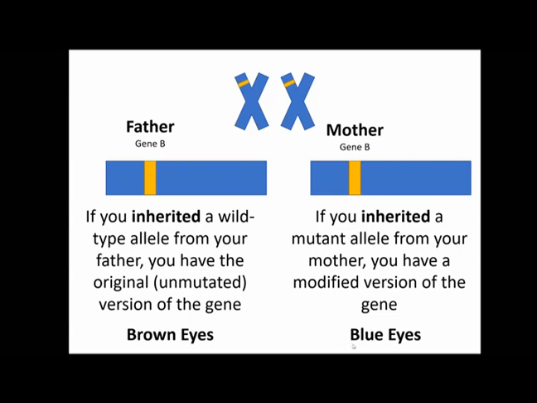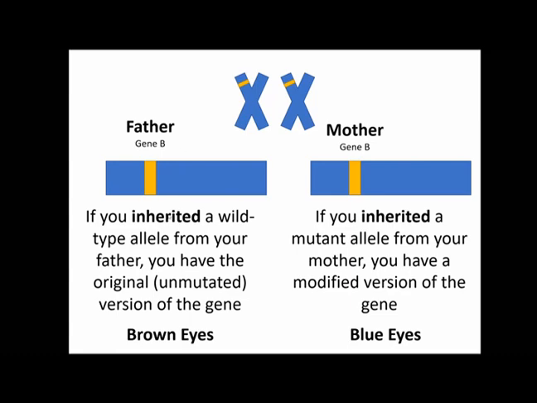In this case, it's going to make a pigment that lets you have blue eyes. So this mutant allele, this changed or mutated allele, is going to give us a modified version of the gene. We're producing a different protein, and that different protein is a different pigment.